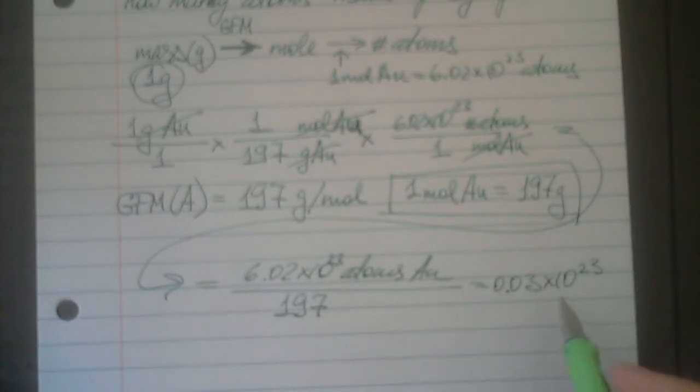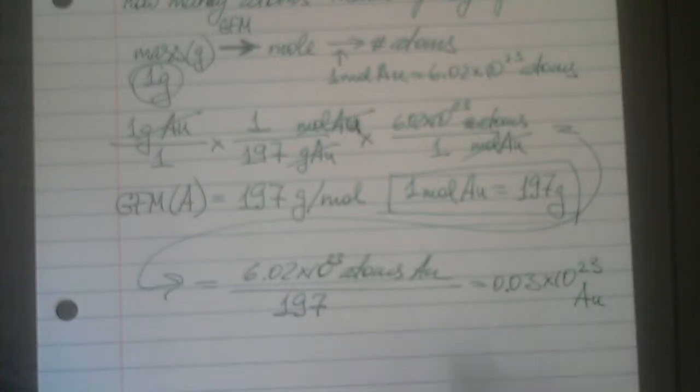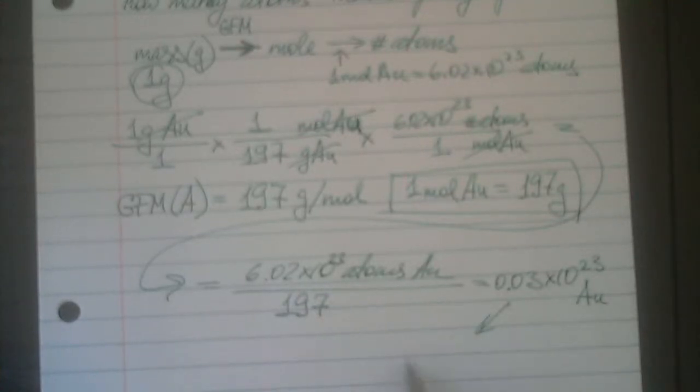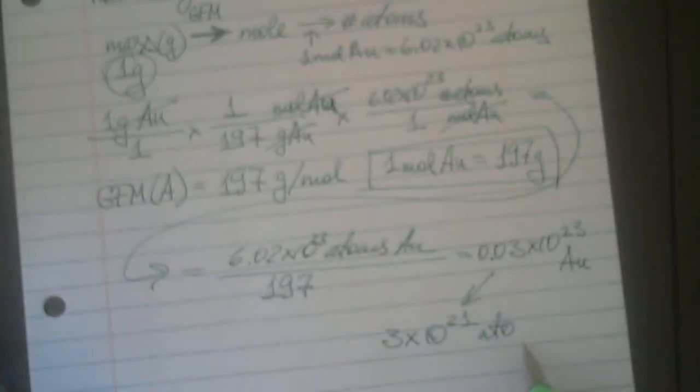Well, this is scientific notation, but not perfect scientific notation. So let's express it in perfect scientific notation. That would be 3 times 10 to the power of 21 atoms of gold. That's it.